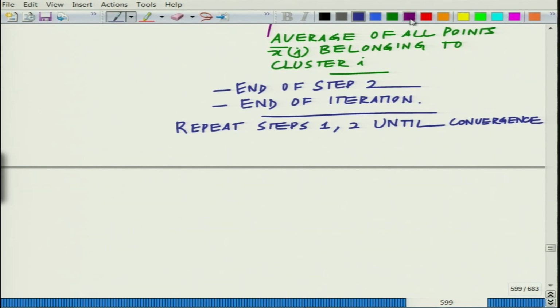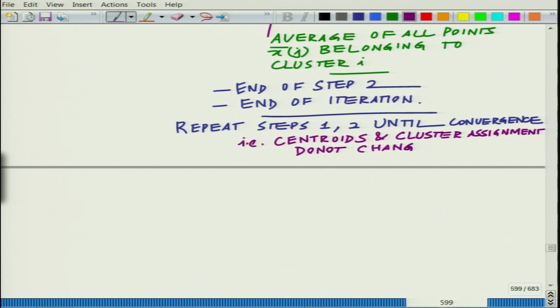What do we mean by repeat steps 1, 2? That is, until the centroids and cluster assignment do not change. If you keep doing this iteratively, after a certain point the centroids and the cluster assignments remain fixed. At that point, you stop the algorithm.